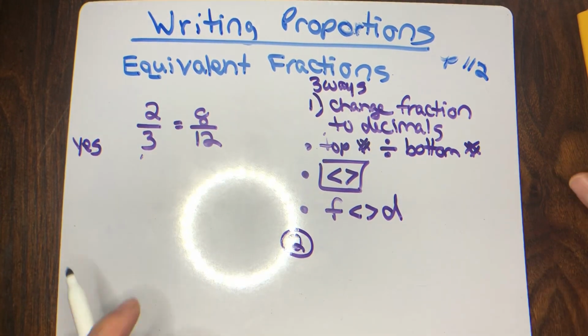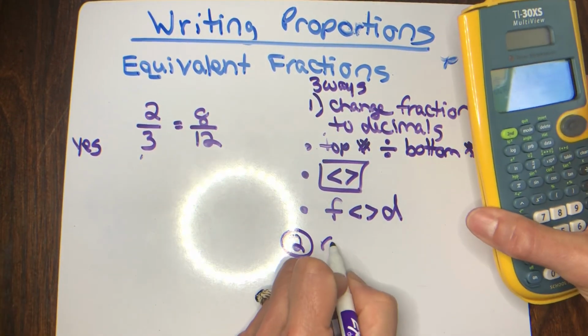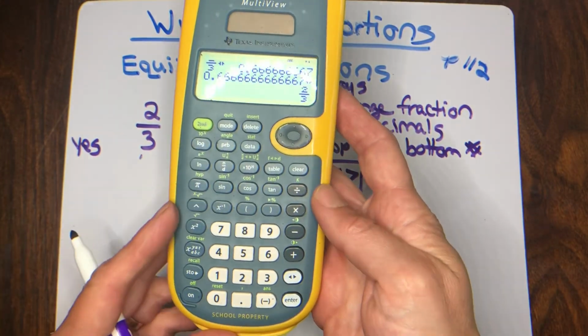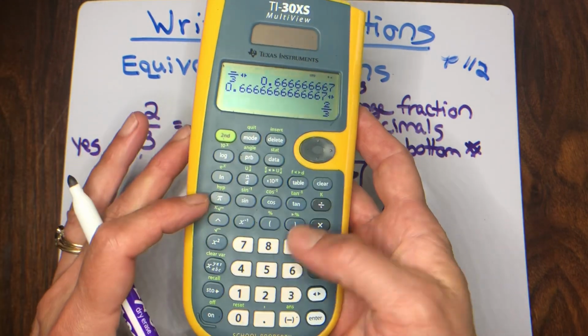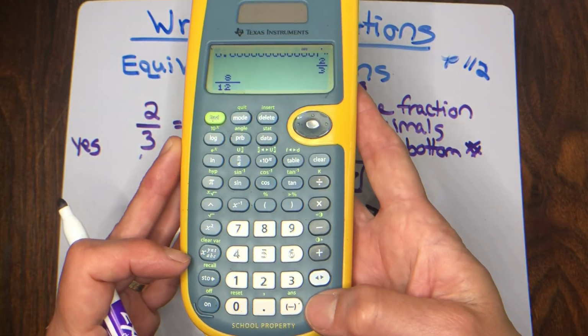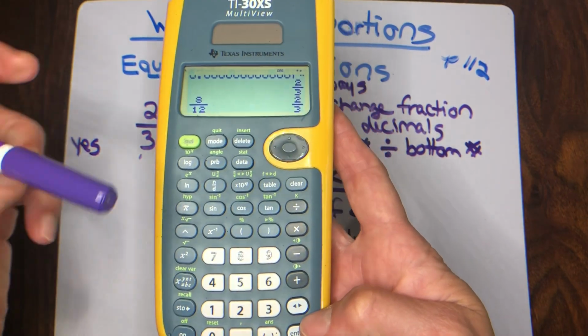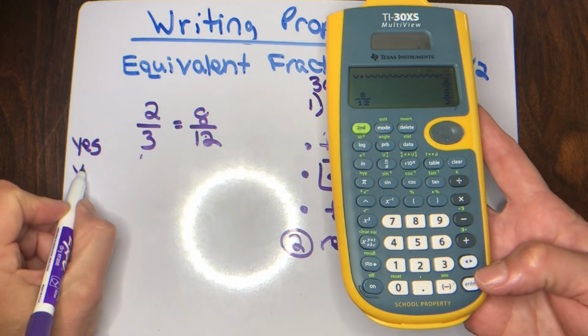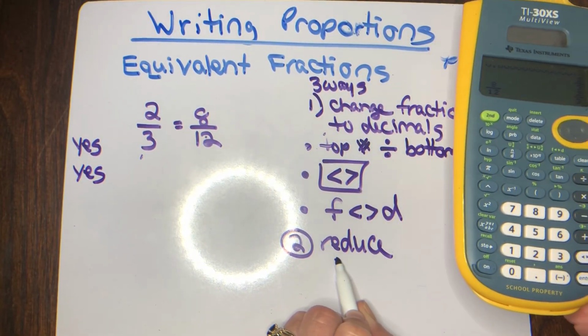We could also put both fractions in and reduce and see if they reduce to the same thing. So 2/3 is already reduced, but I'll put in 8/12, remember how you say that with the TH on it. Then you hit enter to reduce it, and it reduces back to 2/3. So are they equal? Yep, they are. So you could reduce them and see if that works.